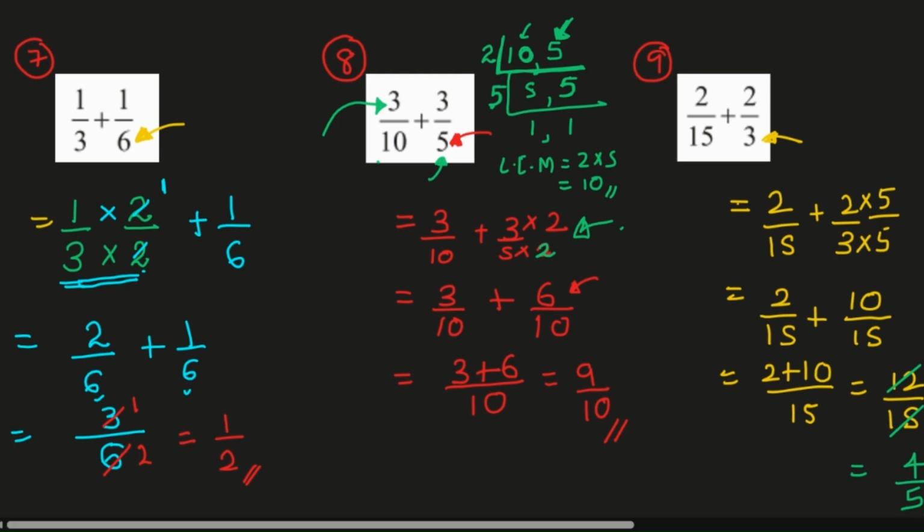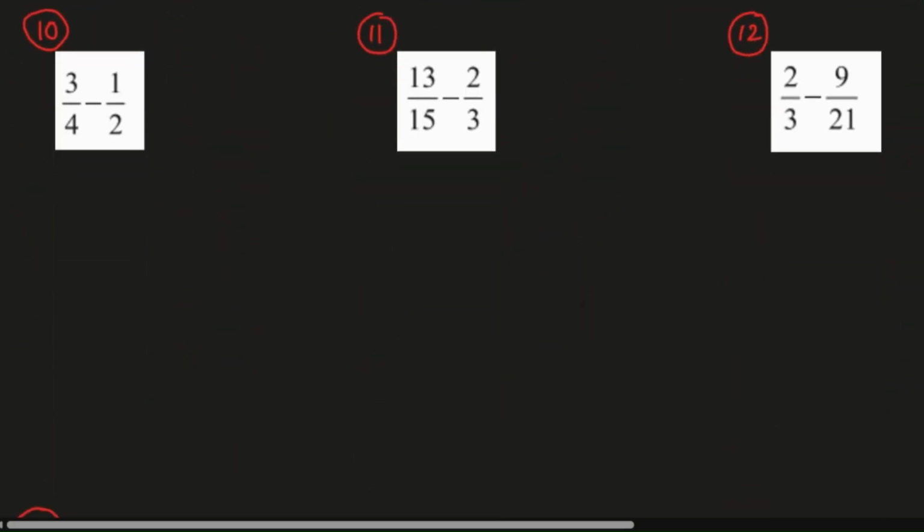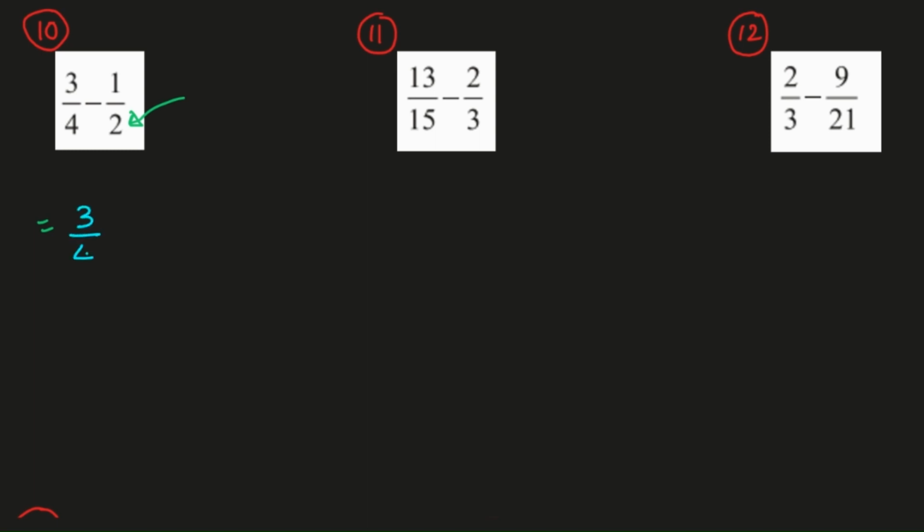Okay, let's move on to the next example. Some subtractions are coming here. You can see that the denominators are not equal, but you know that 2 can be easily converted into 4. So I'm going to multiply both the denominator and the numerator of 1 upon 2 by 2.